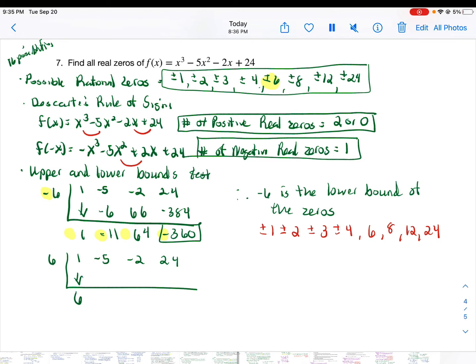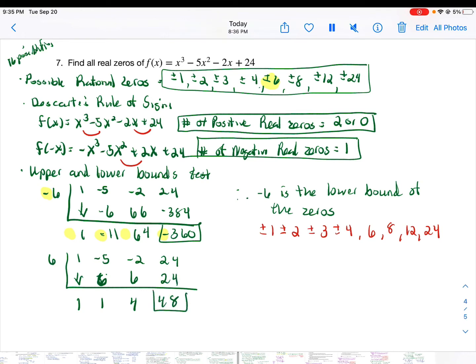This time I'm looking for all positive answers on this bottom row, and then it will be an upper bound. But if I get any negatives, it's not, and I'll have to try another zero possibility, something larger than what I tried. But it did work. Notice all of my last row is positive, and the number I'm trying is a positive number.